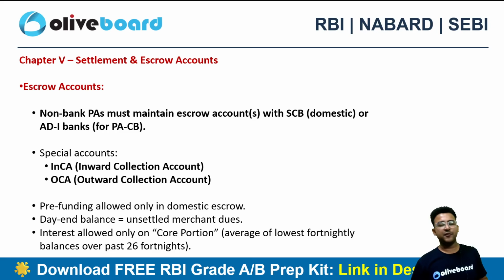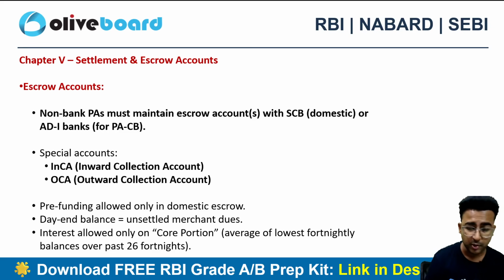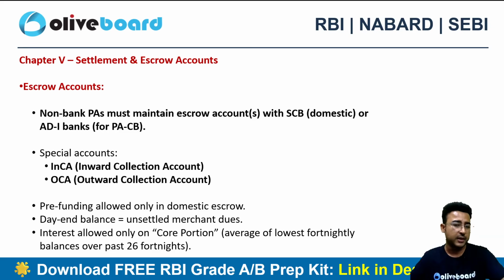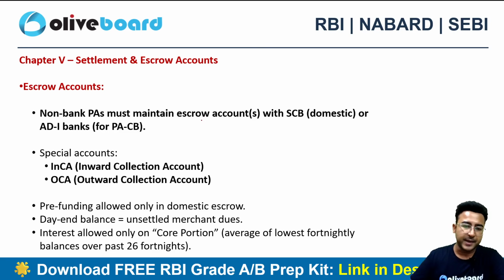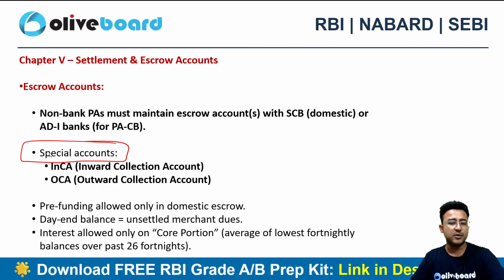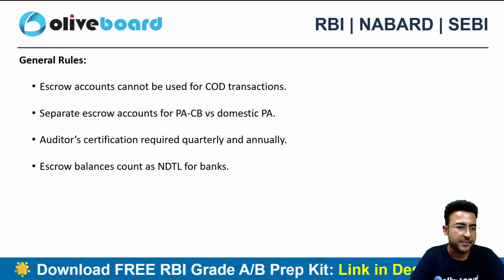So that's fine if you are maintaining an escrow account with the scheduled commercial bank or an AD 1 bank, right? You need to open 2 special accounts, obviously for the inward collection and for the outward collection that we already discussed here, right? That you need to have 2 accounts, separate for inward and separate for the outward as well.